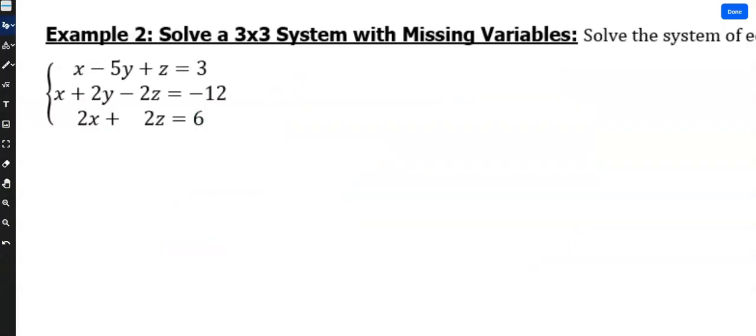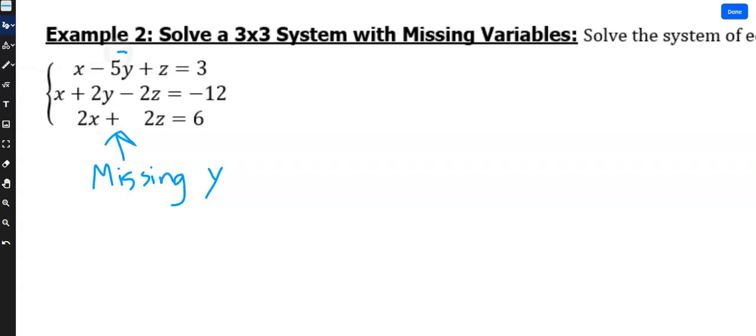Well, what happens if you come across a system where there's a missing term? You can see on this bottom equation right here that there's no y, right? So missing y. Well, that actually means they've saved you a little bit of trouble. Kind of.